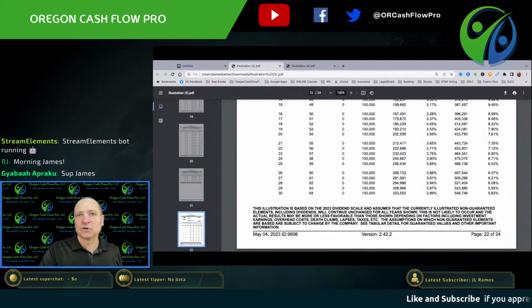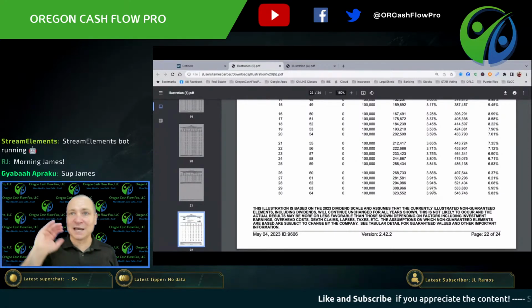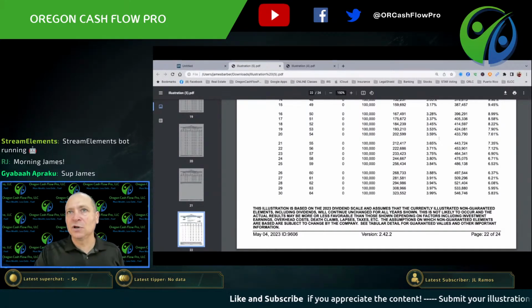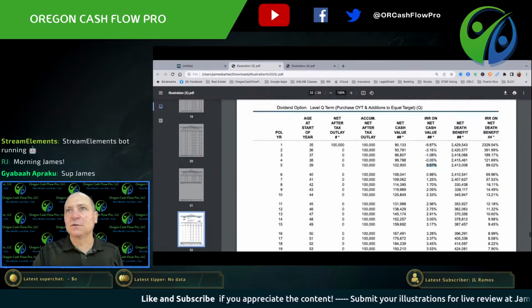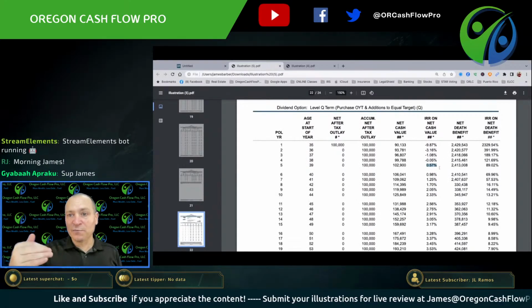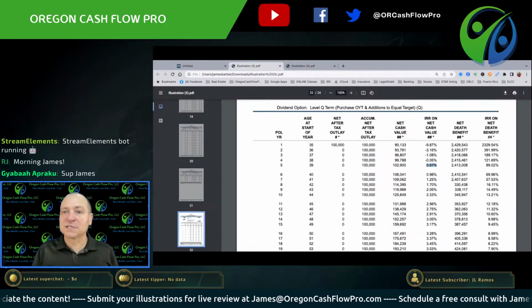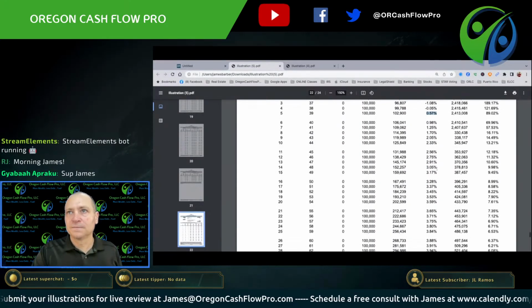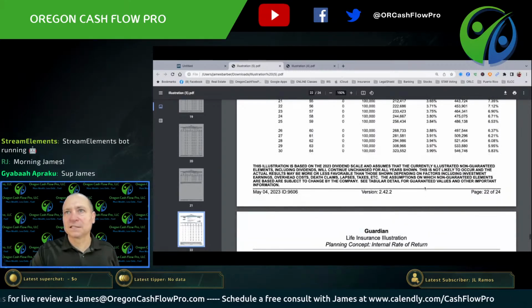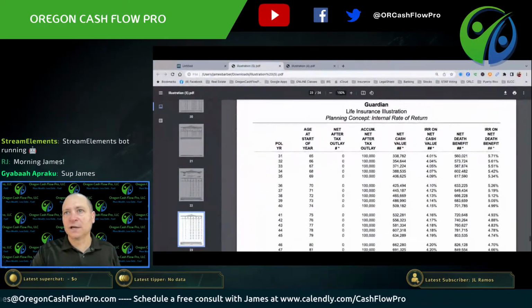So this internal rate of return is not a reflection of just that year. That's every year prior. That's why we see it continue to go up, because we started out slightly negative, but we've been earning, in this case, it's assuming 5.75% dividend every year. Okay. That's Guardian's current dividend rate.